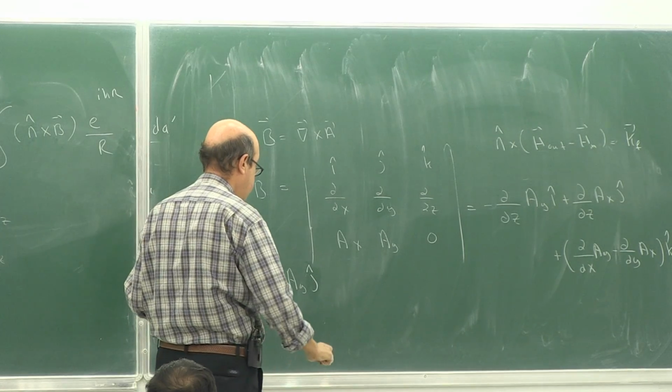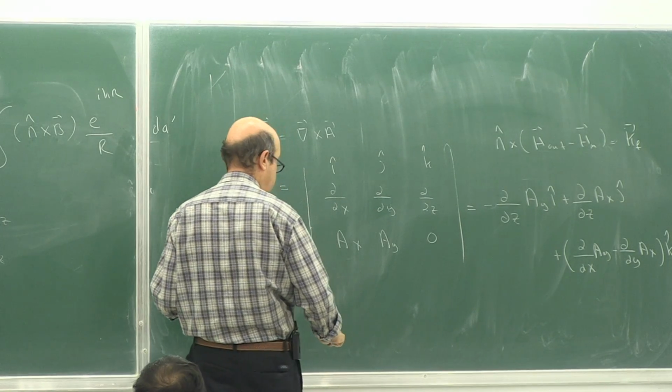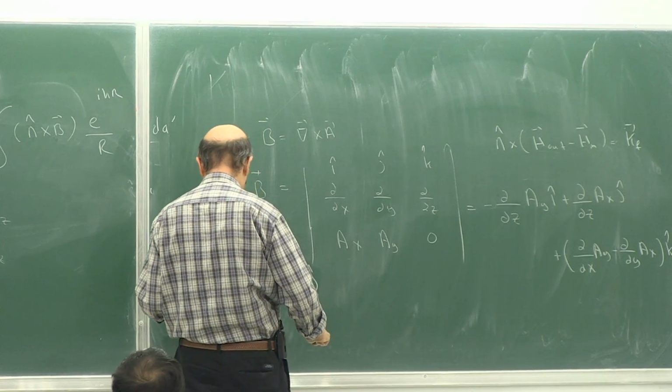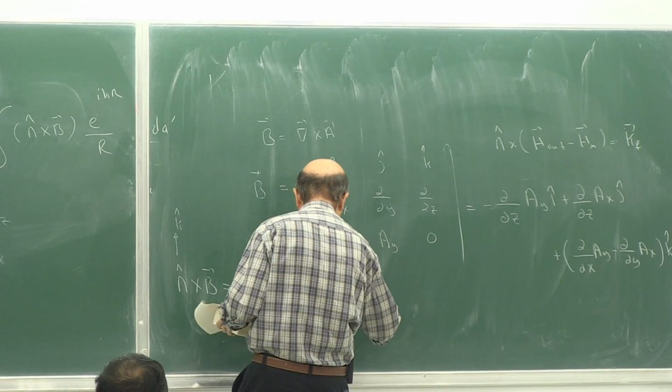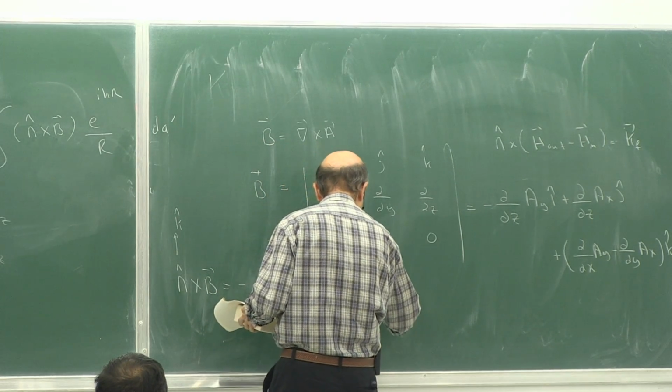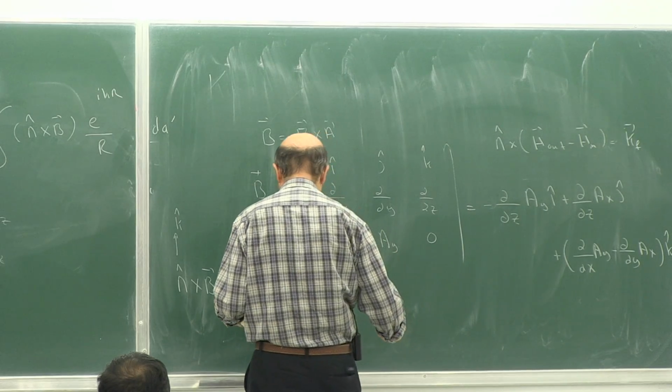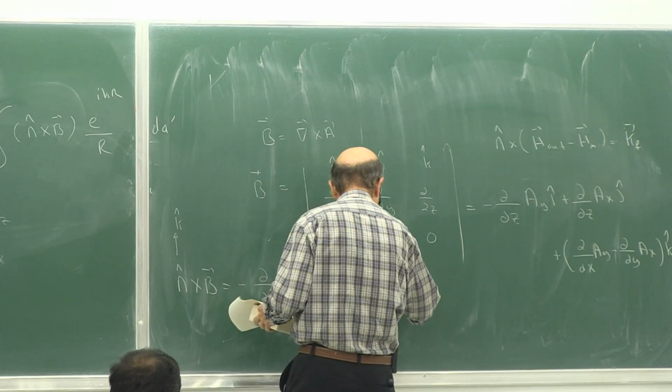And how about the other one? That should be what? Minus del over del z Ex i.